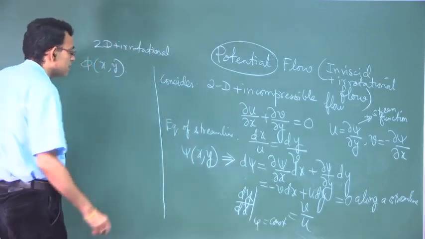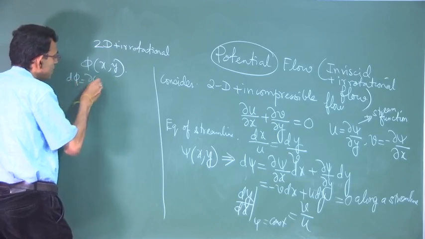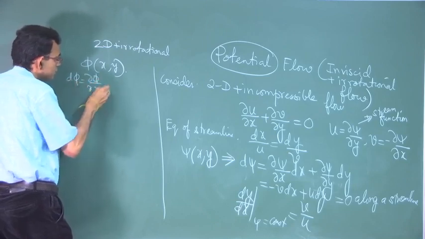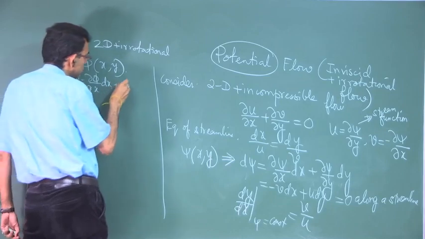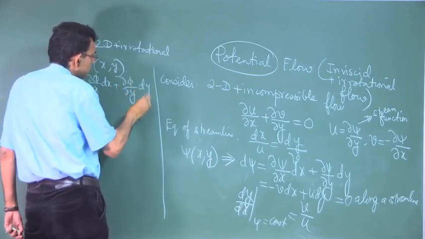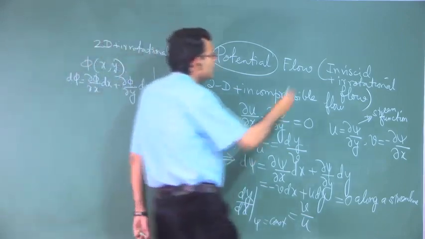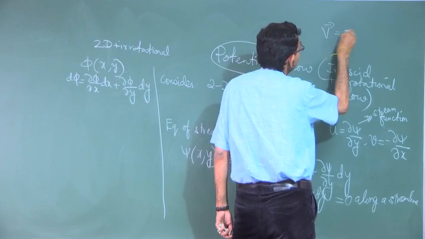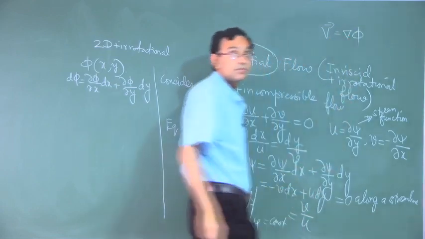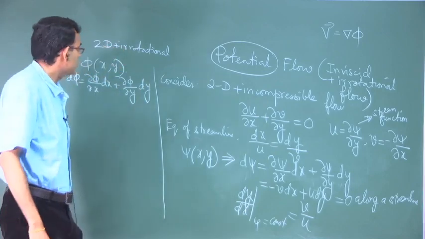So, phi is a function of x and y. So, d phi, recall the definition, V is equal to grad phi.